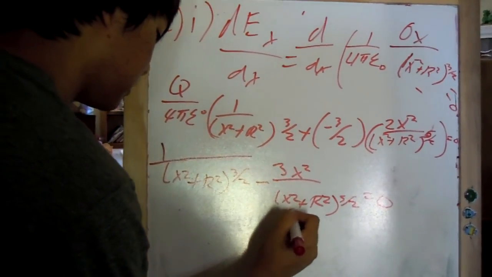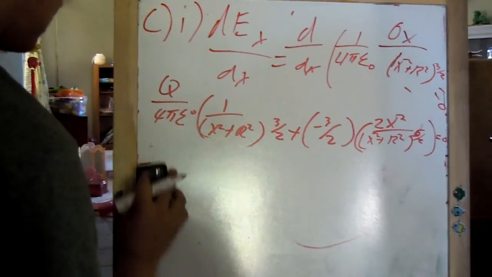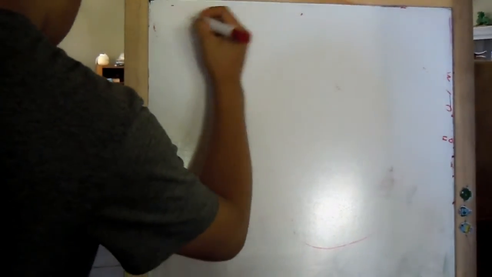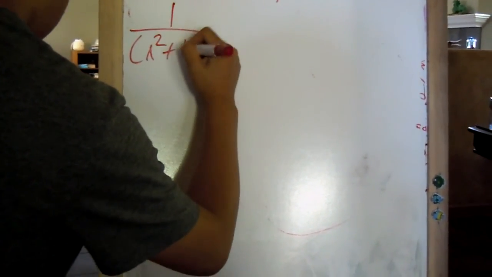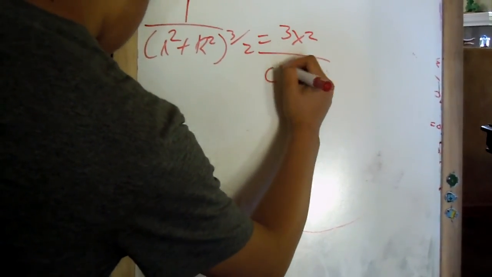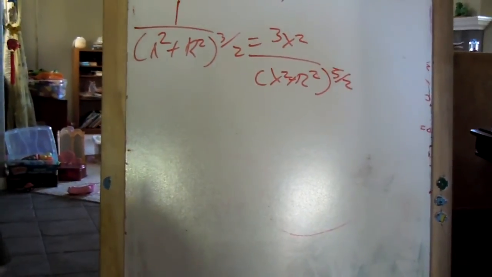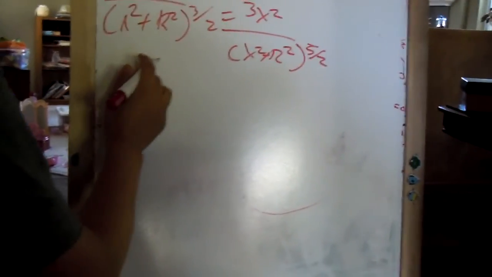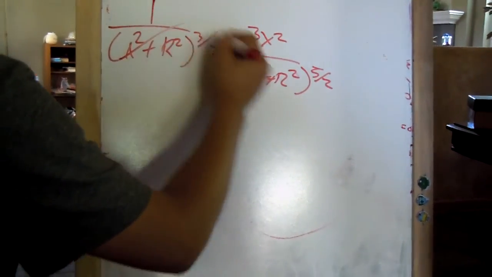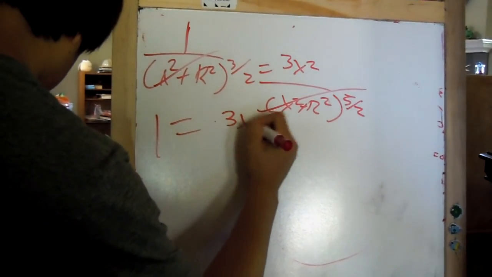And then pulling this over here, you would get 1 over x squared plus r squared. Values cancel each other out, leaving you with a 1. So 1 equals 3x squared.